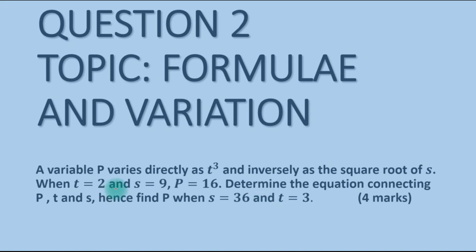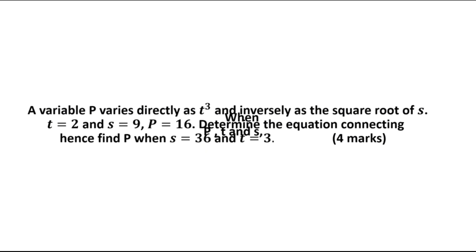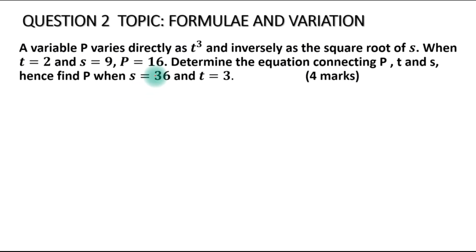So in this case, we need to know this is actually a joint variation, whereby it leads to product of the quantities. So p varies directly as t cubed and inversely as the square root of s.